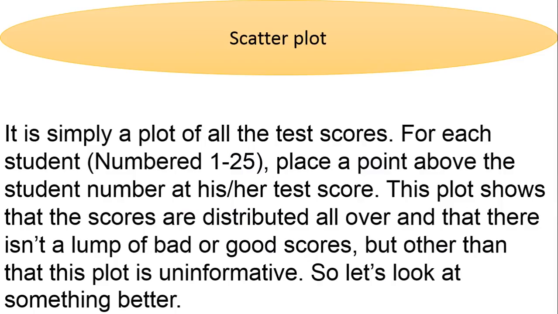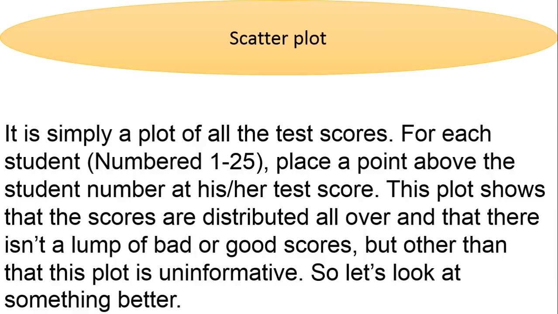The first thing I'm going to show you in this example is a scatter plot. It is simply a plot of all the test scores: for each student number 1 to 25, place a point above the student number at his test score. This plot shows that the scores are distributed all over and that there isn't a lump of bad or good scores.